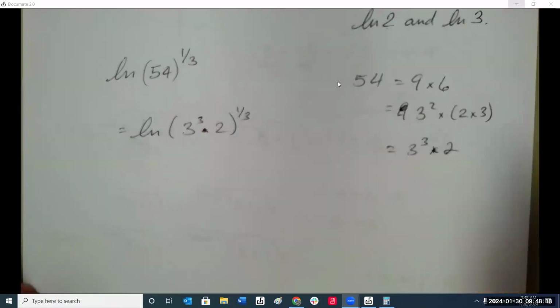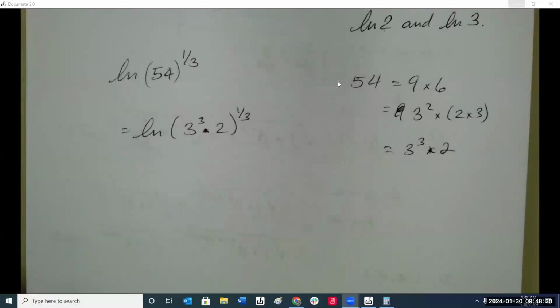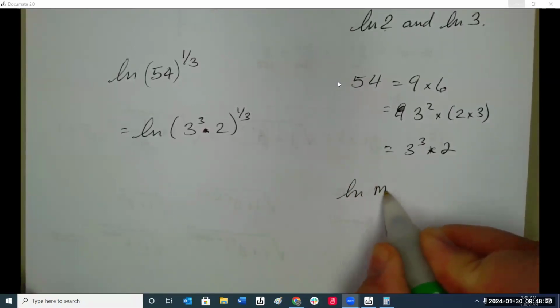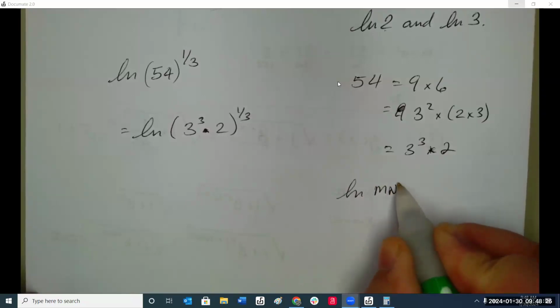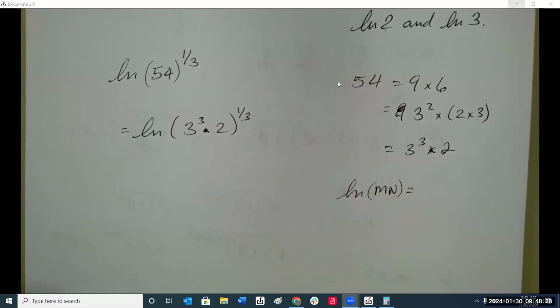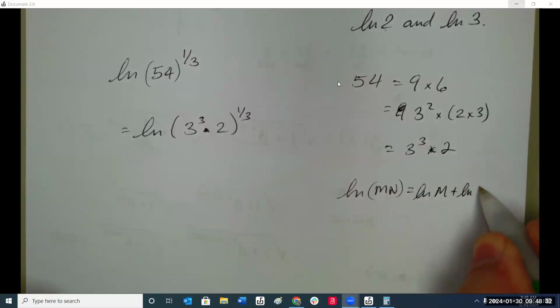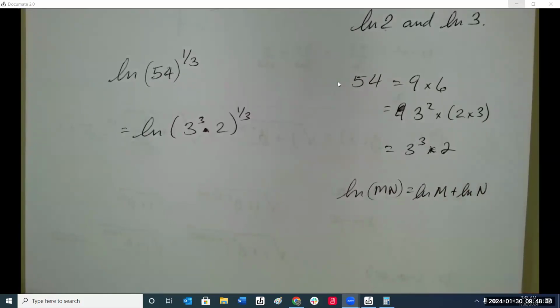So what does the product rule tell us in logarithms? If we had ln of m times n, we can expand that like that.